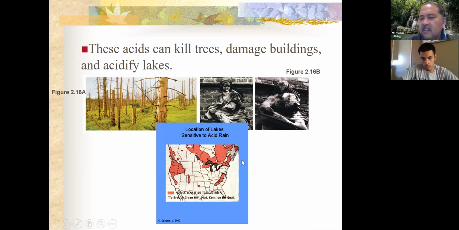The University of Toronto is a very notable place for environmental science studies. And that's right there in the middle of the acid rain region. And actually a very important document was called the Montreal Protocol.